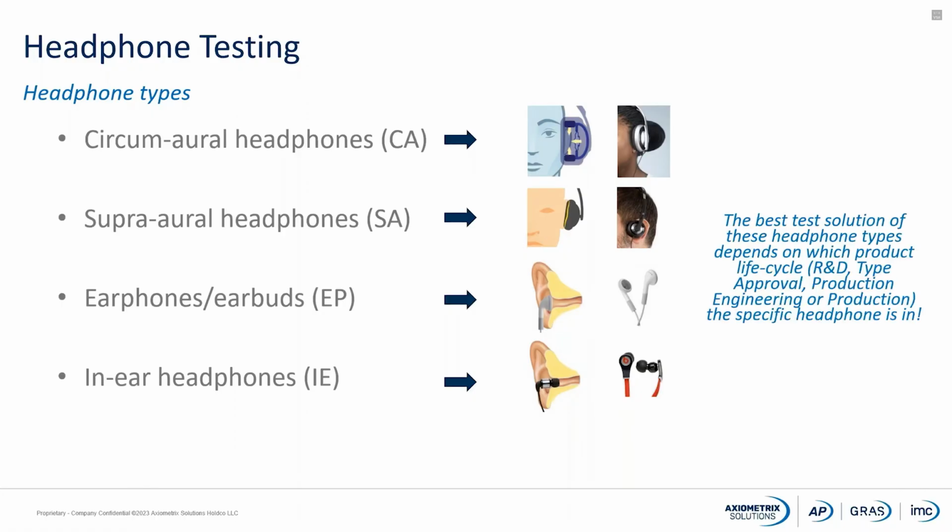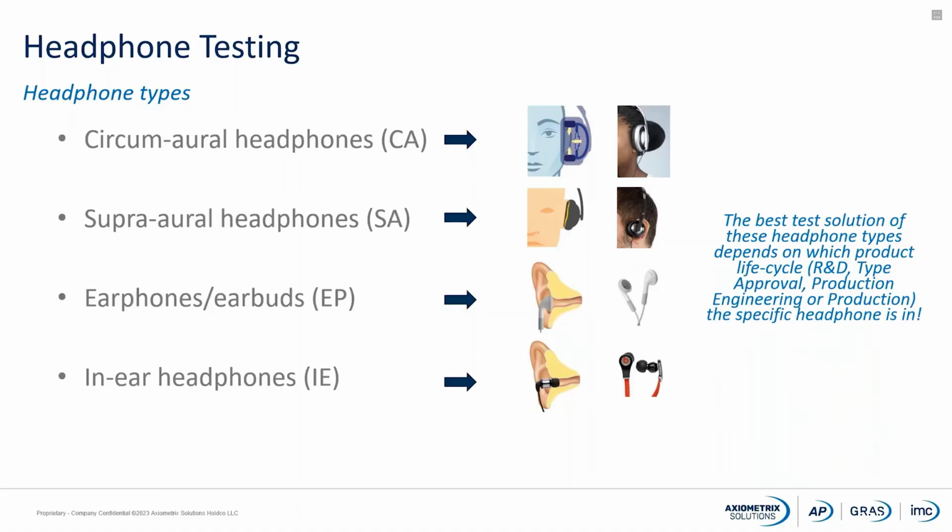For the best test solutions of these types of headphones, we have to have a look at the different phases a headphone could be in when we are making a new type of headphones. Are we in the R&D phase?